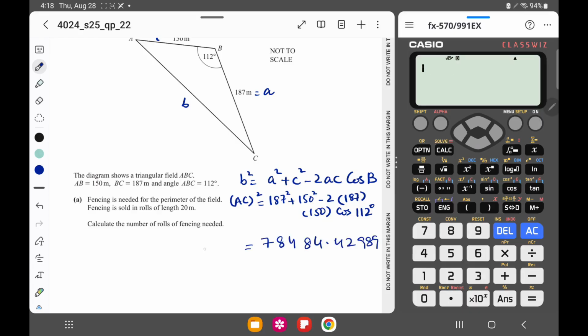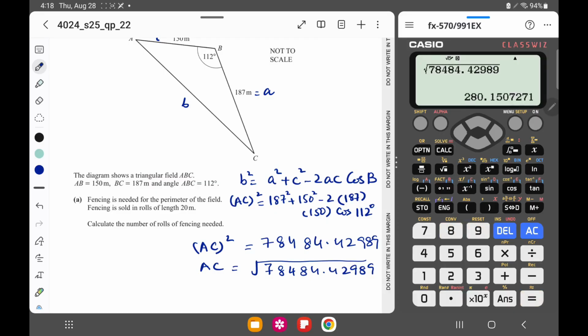So that is AC square. And for AC, take the square root of 78,484.42989. That is equals to 280.